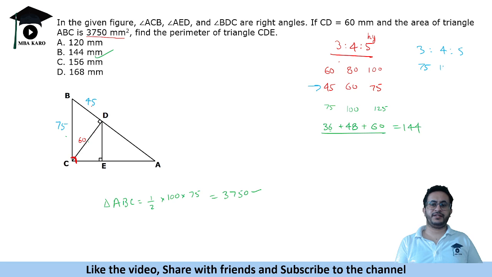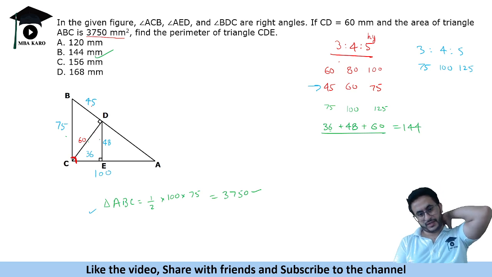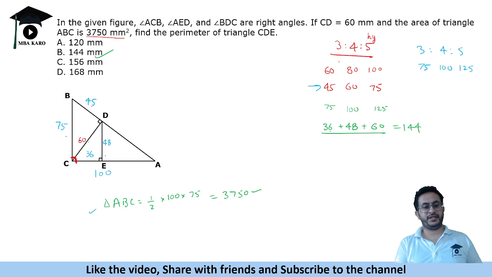So again we will get the same sides, like 100 and 125. It is just about the representation. So this will be 100, so the area will be the same, and again you will get the same sides, 48 and 36, because the proportion is going to be the same. If you wish to see whether all triangles exhibit this property, yes they will.